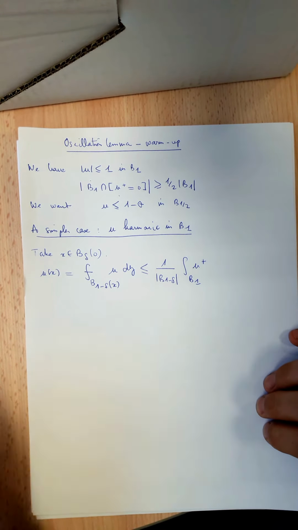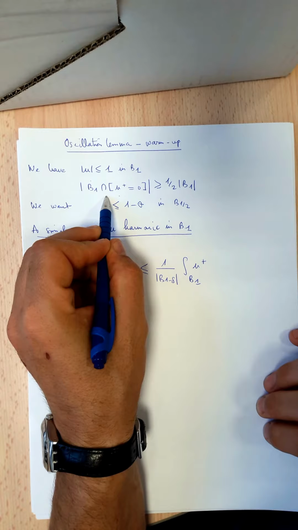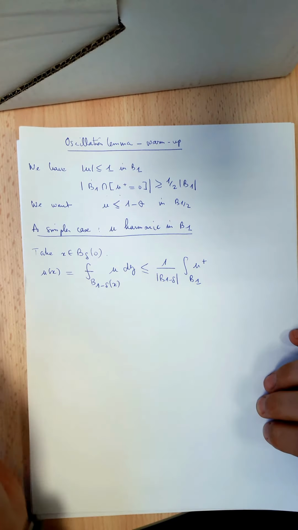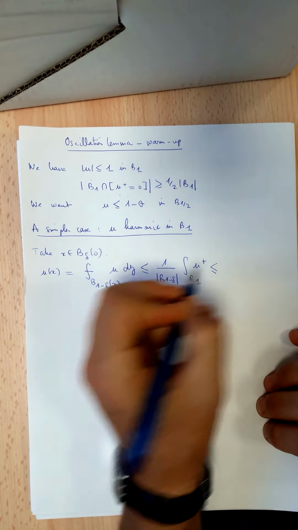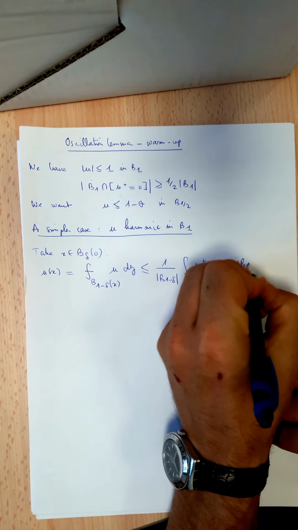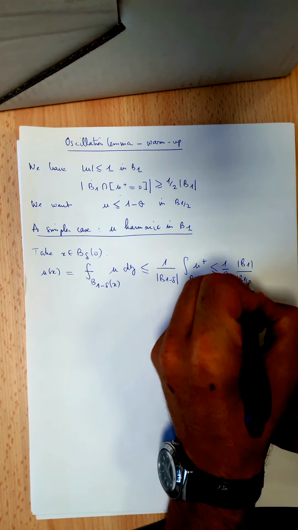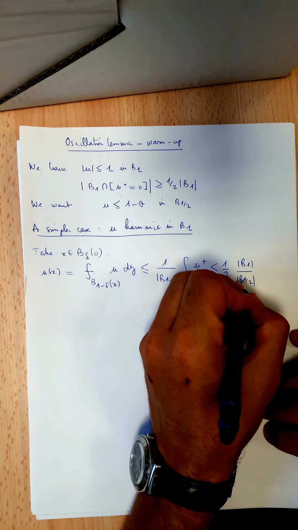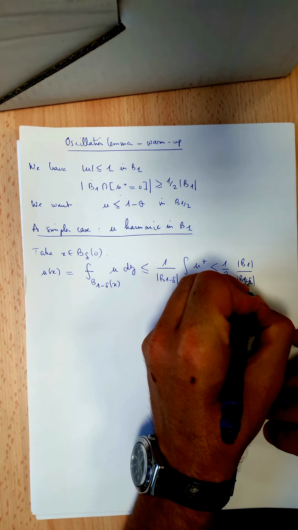All right? And now since we know that u plus vanishes at least half of the time, and since u plus is bounded by 1 obviously, this integral is going to be less than 1/2 of the measure of b1 divided by the measure of b1 minus delta, sorry.